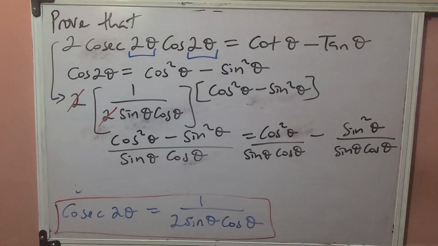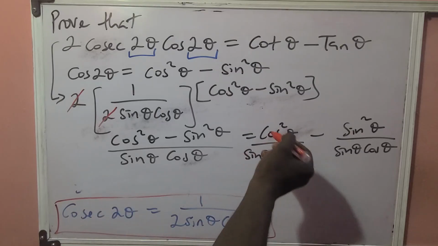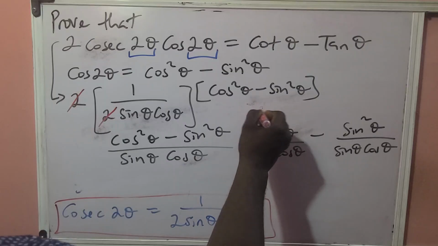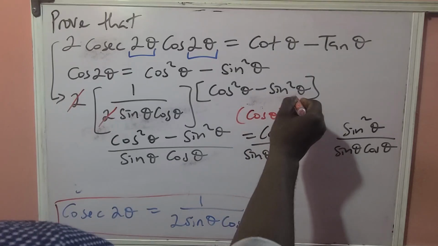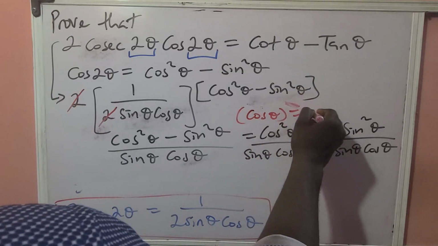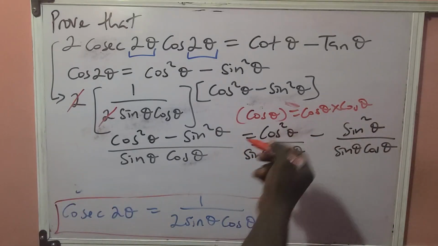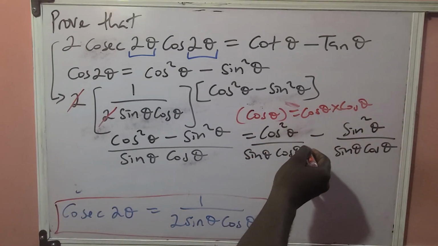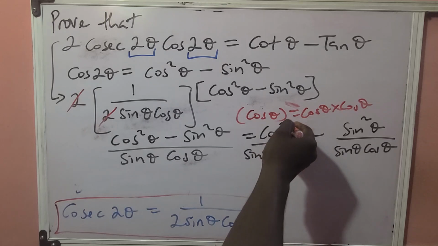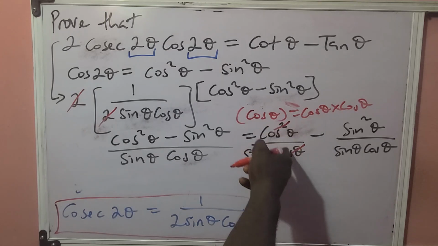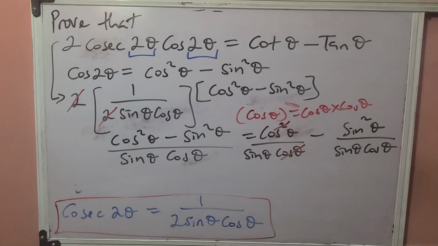So if you go on to resolve this, you would see that this is very much looking like something you should be able to resolve easily, because cos square theta, I told you already, is the same thing as cos theta everything all squared, which is the same thing as cos theta times cos theta. So if you have cos theta times cos theta here, obviously you know that one of these cos theta can be cancelled out with the cos theta we have beneath here.